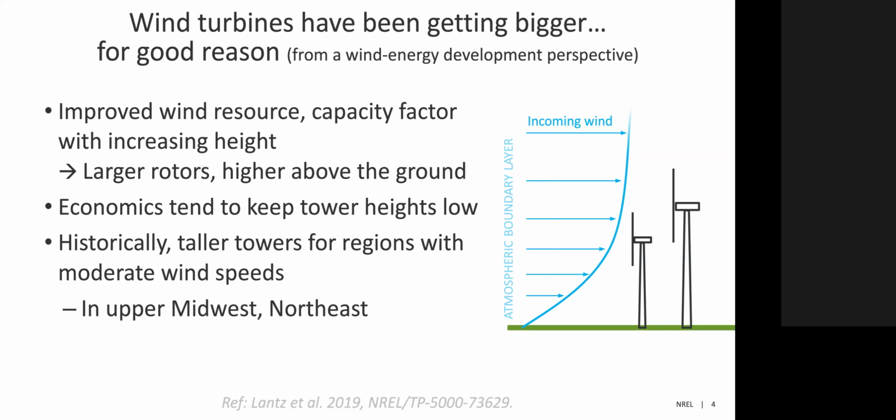Towers tend to increase in cost very quickly with height. So the economics tend to minimize the height of the tower as much as possible for a given turbine design. And really, historically, we've only seen taller towers in selected regions where the wind resource is more moderate and not as high as, say, the Great Plains in the U.S.